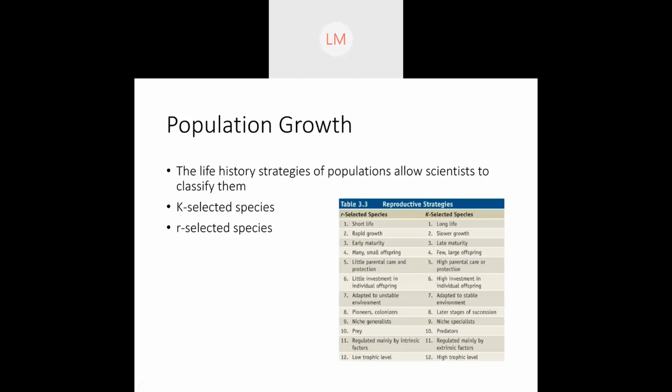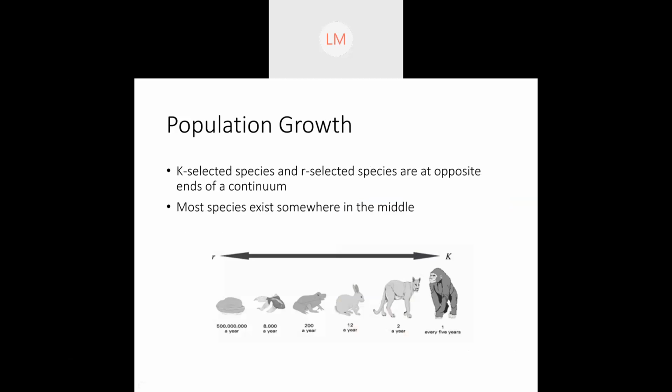R-selected would be maybe a lot of plant species, some microbial species, some marine invertebrate species. But K-selected species, the classic examples are elephants, whales, and people are K-selected. But if you really think about all the species that are out there, this is going to exist on a spectrum, on a continuum. At the R end of this spectrum, here we've got one of our bivalves from our mollusks that's producing 500 million offspring a year, right?